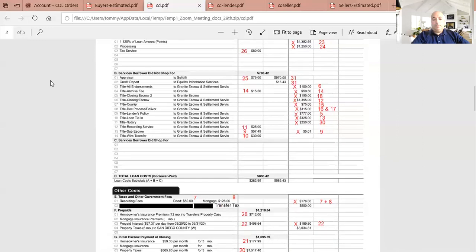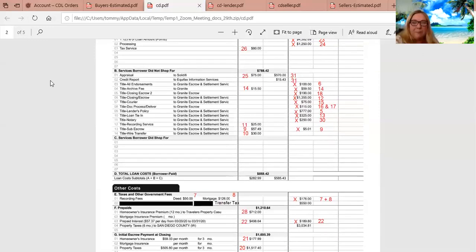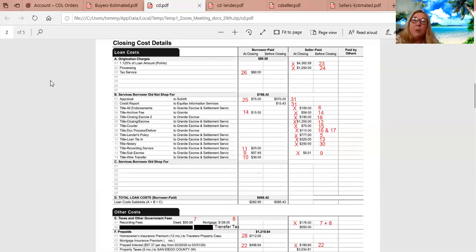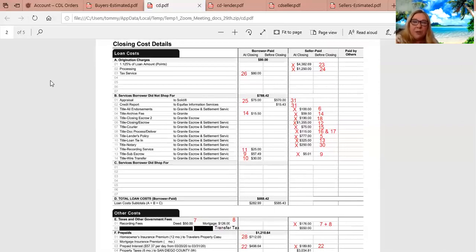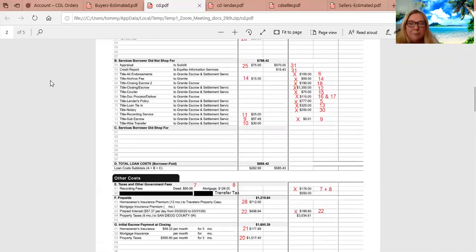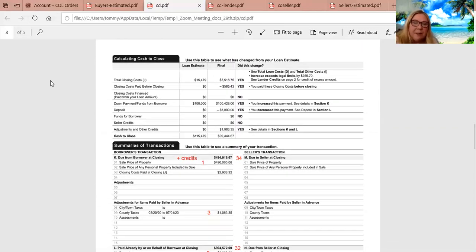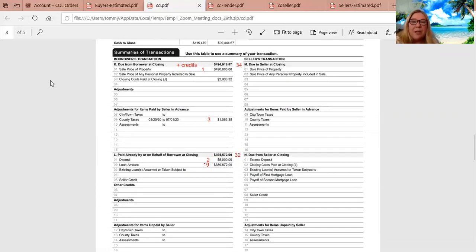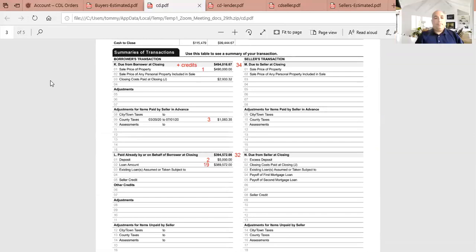Sorry, that was the only difference: I was going to show you there was a credit in here. But anyway, if you put the $9,800 credit in here, those numbers still are off. Those 32 and 34, go to page 3 again. With the credit, these numbers are still off by the credits. That's what I was trying to show, is they still don't balance. They never will be the same if there's credits.